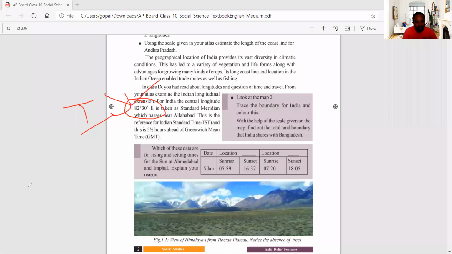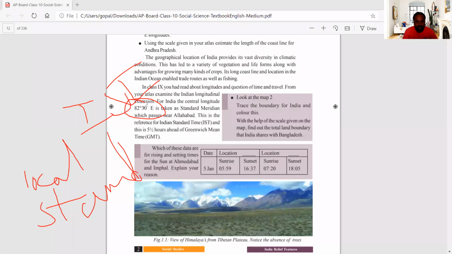Actually, we have two time zones, local time zones and standard time zones. So we are taking this 82.5 degrees east longitude as the IST standard meridian.